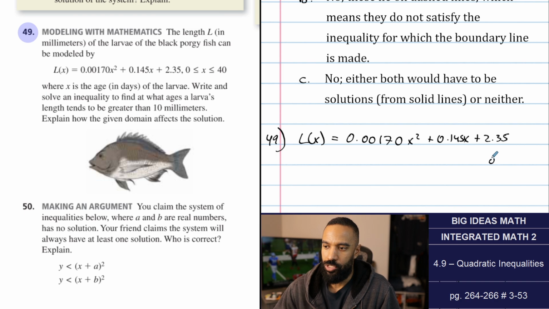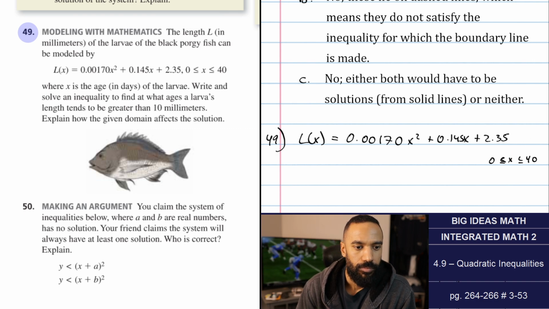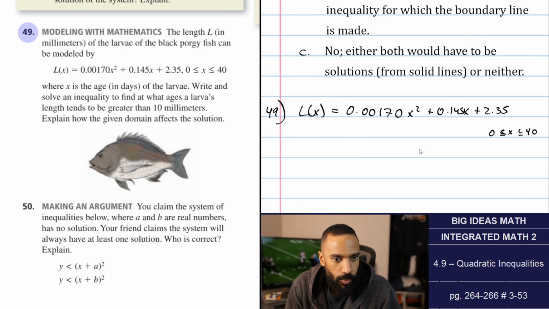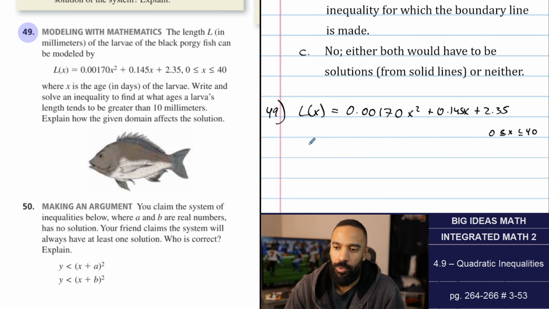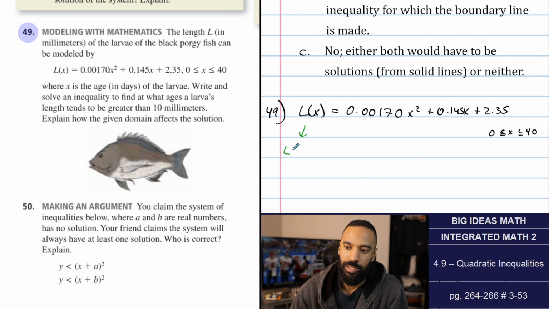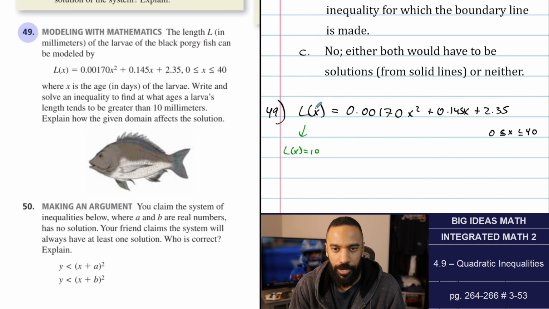So x is between 0 and 40. Write and solve an inequality to find what ages a larva's length tends to be greater than 10 millimeters. So now we're going to put this guy equal to 10, and then do y equals this guy here.